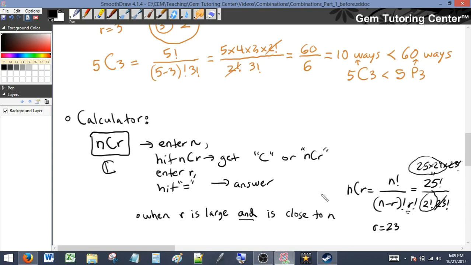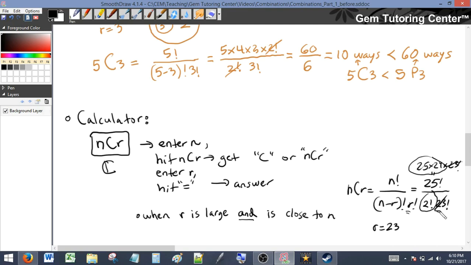But for permutations, at least, when r is large and close to n, you should use the permutation key on your calculator. If you want to learn more about that, you can check out some of the previous videos that we did. For combinations, you're kind of saved by this factor here, which cancels with this. In permutations, you don't have this, and you're left with a very long multiplication to enter into your calculator.